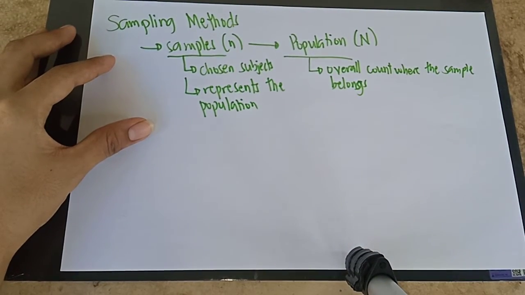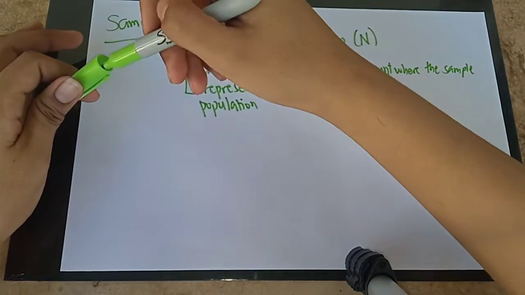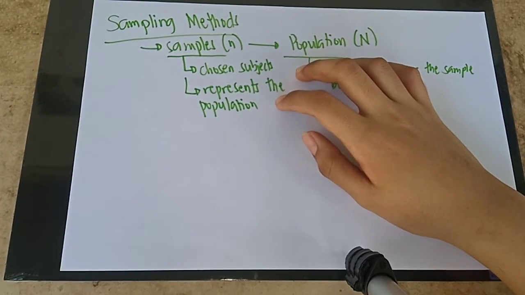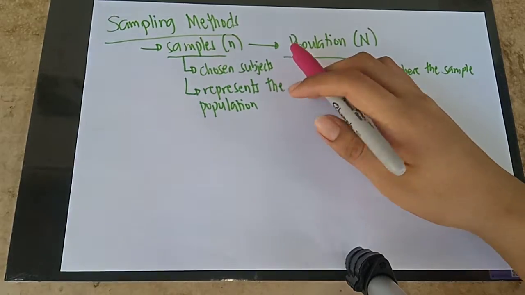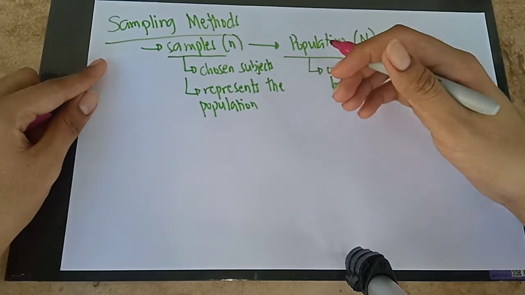However, when we use sampling methods, it is inevitable to encounter weaknesses or disadvantages.